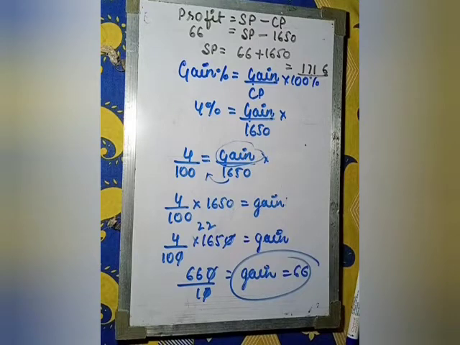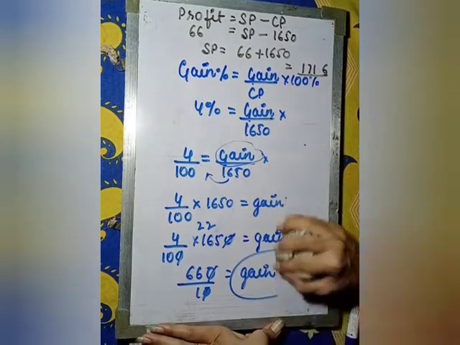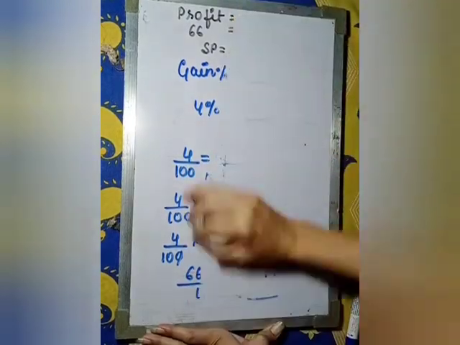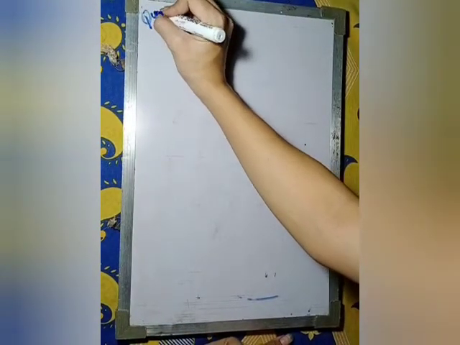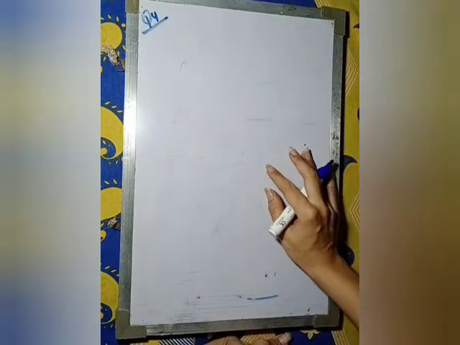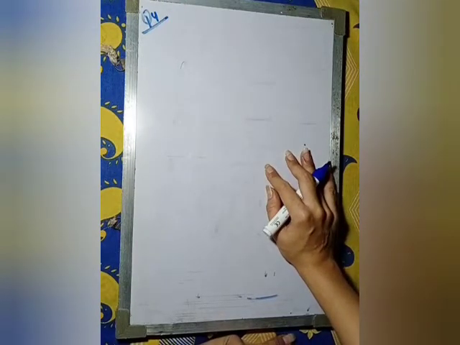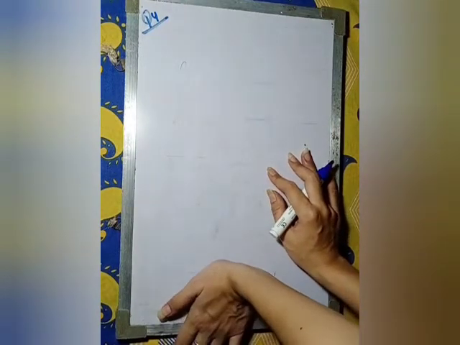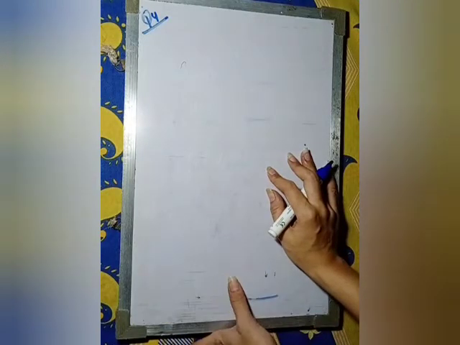Now let's do question number 4. In question number 4, they are saying Manjeet bought an iron safe for rupees 12160.